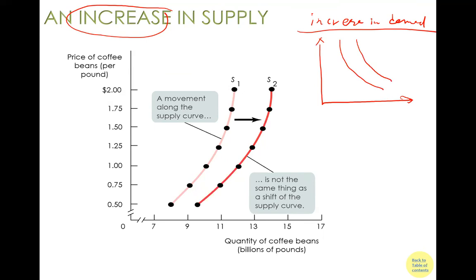And how we interpret that, there are two ways. One, given the quantity, the individuals are willing to pay more. And secondly, given the price, the individual is going to demand more. Right? So this is an increase in demand.